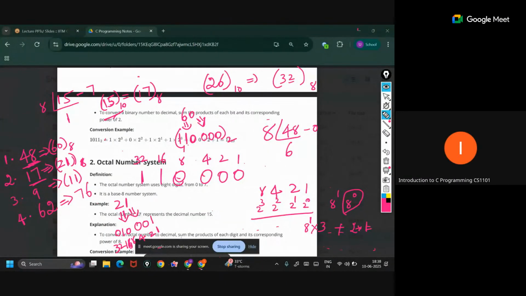Okay, then can you all try converting? I'll give you values here: 11 to base 2, 76 to base 2, 17 to base 2, and 32 to base 2. Octal to binary values.